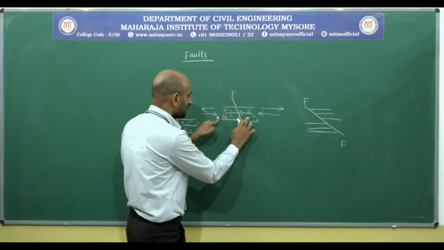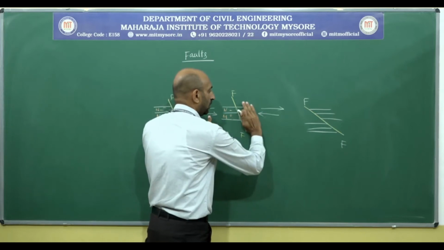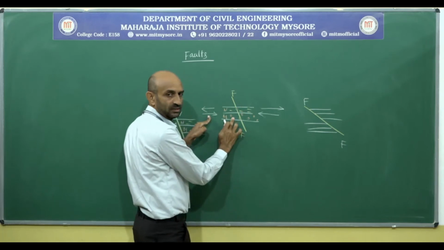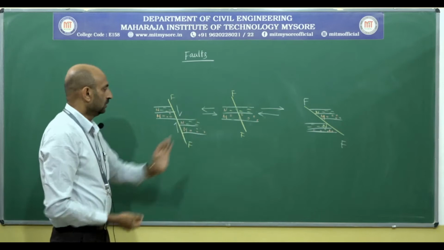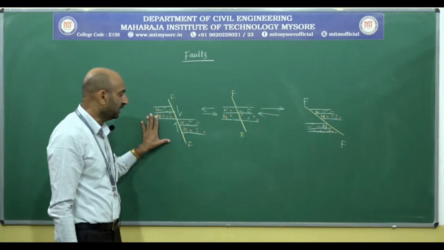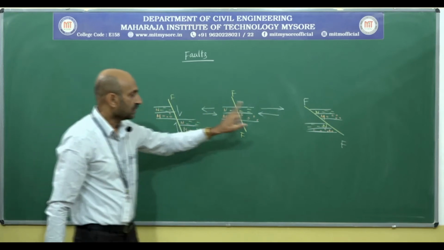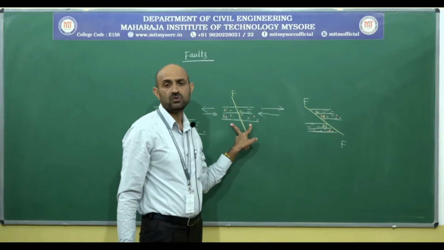When a rock bed is subjected to compressional force, this side block overrides the other. This is the right hand side block. In this case, this one is produced by the tensional force. This one is produced by the compressional force.